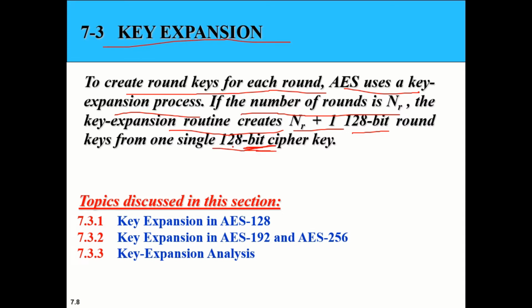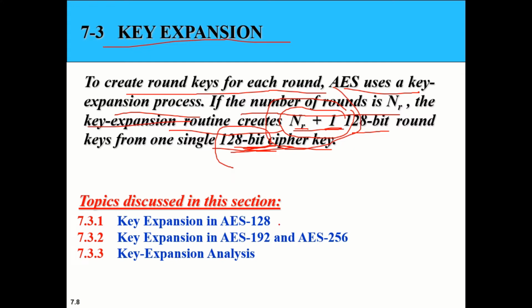Initially we have this 128-bit cipher key, and out of it we create this many keys, which is the number of rounds plus 1. The process of creating these keys is called key expansion.